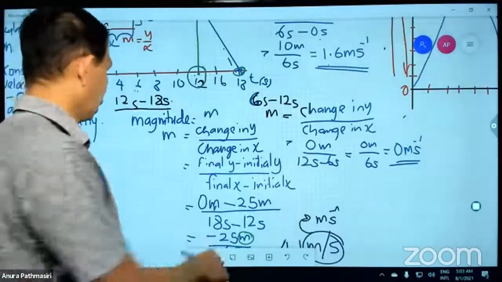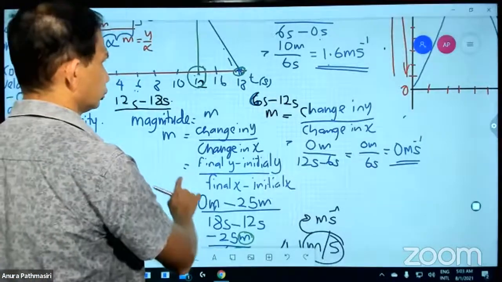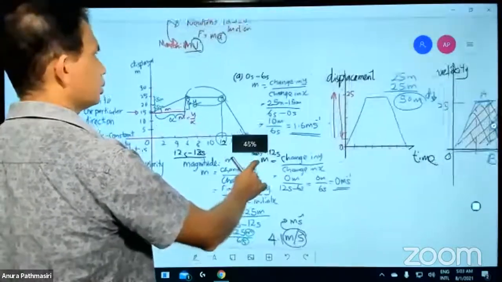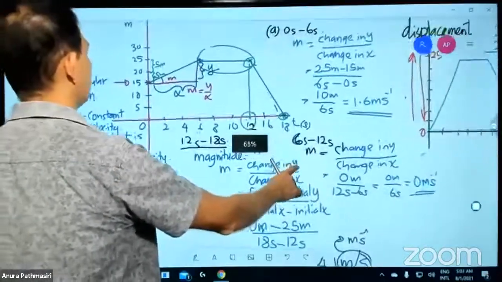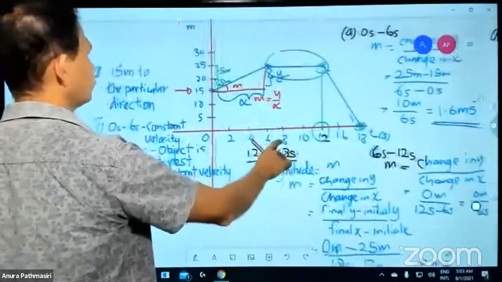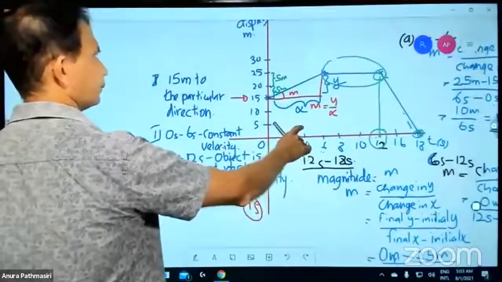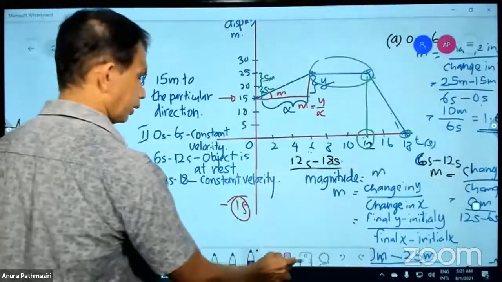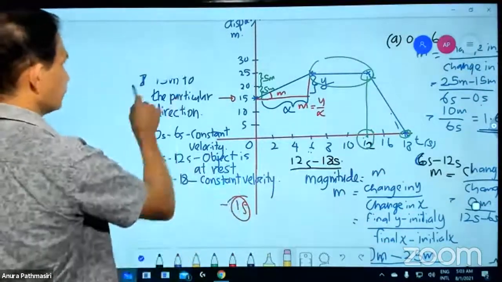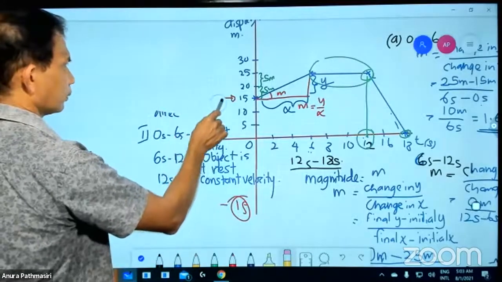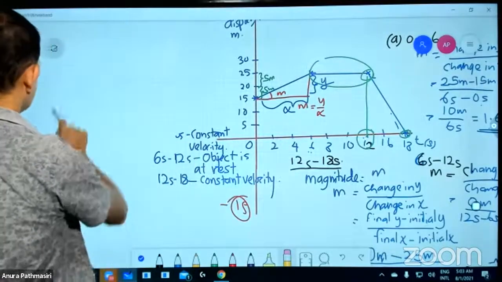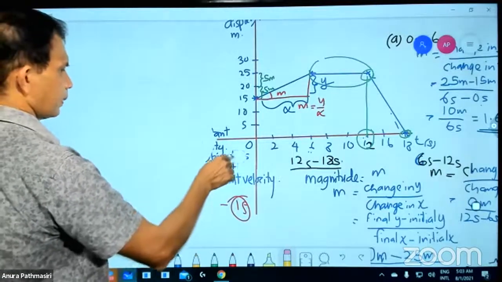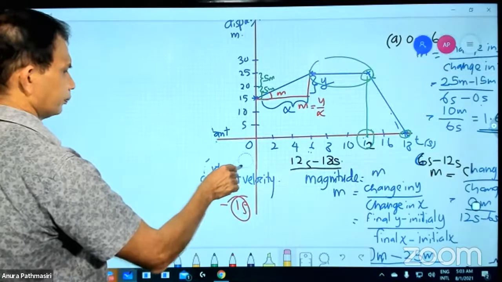Now we are asked to draw the velocity time graph for this one. Let me clean and find a space for me to write.